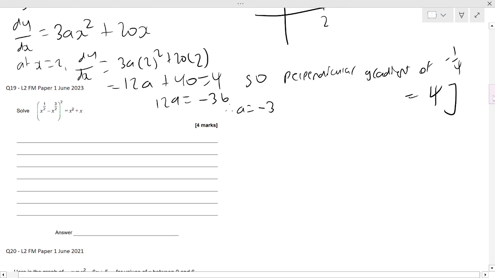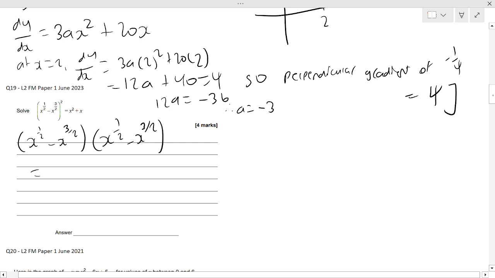Question 19. Then we're asked to solve this equation here with some nasty indices. But again, we have a bracket. Let's expand this out. So we're going to have x to the half minus x to the 3 over 2. That's squared, so that's again times by itself. And then we can expand it.